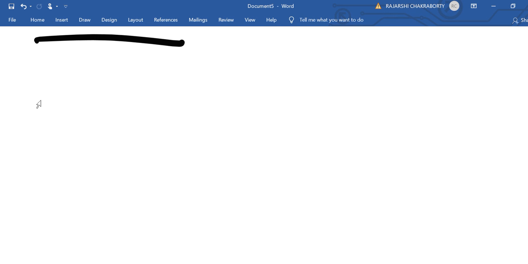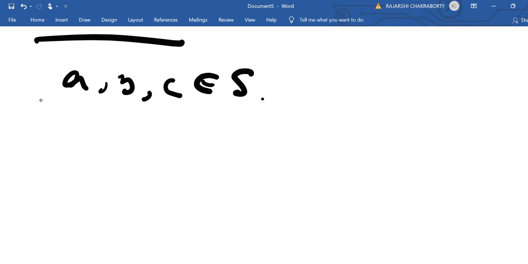The next property of binary operations would be the associative property. What is an associative operation? We have three elements, A, B, C, all belonging to S, and we have this operation star, which is a binary operation.